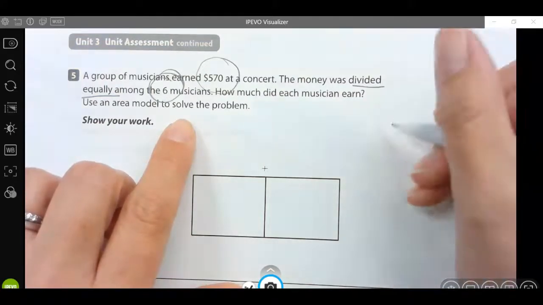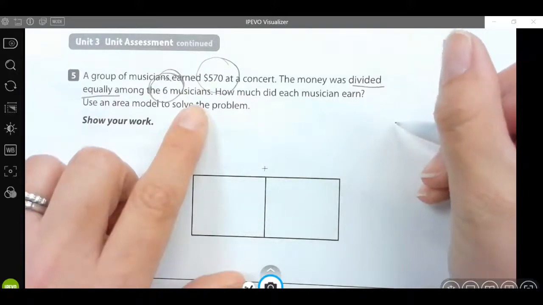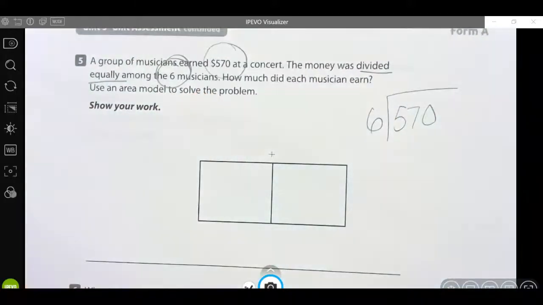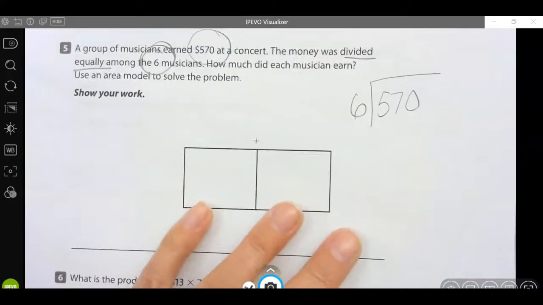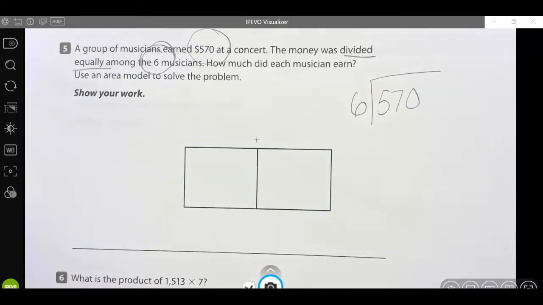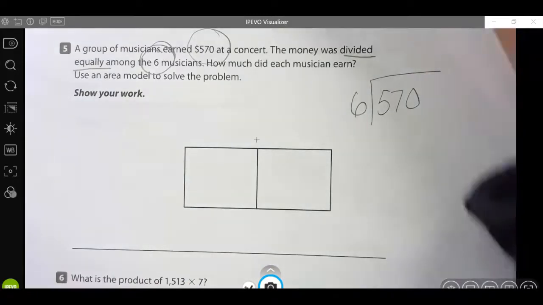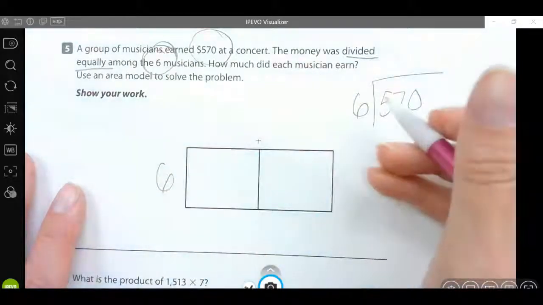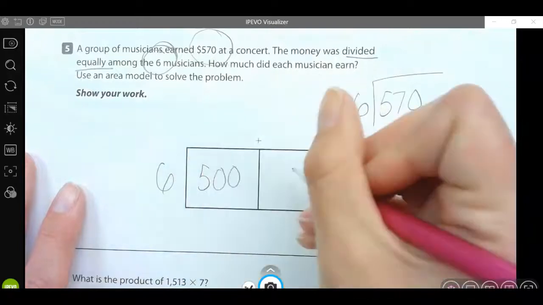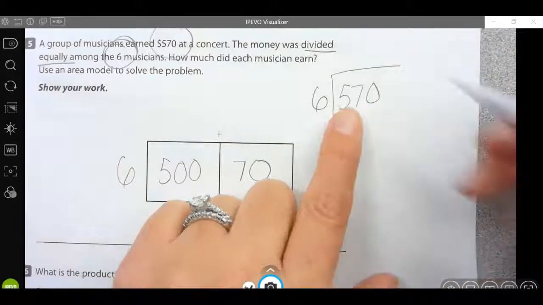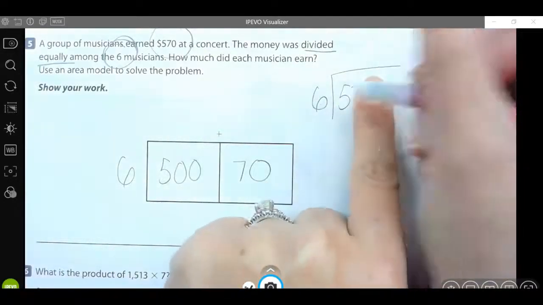So what's the equation we're going to do? 570 divided by 6. To fill in this model, you're going to do your 6 here, just like your equation, with 570. Okay.